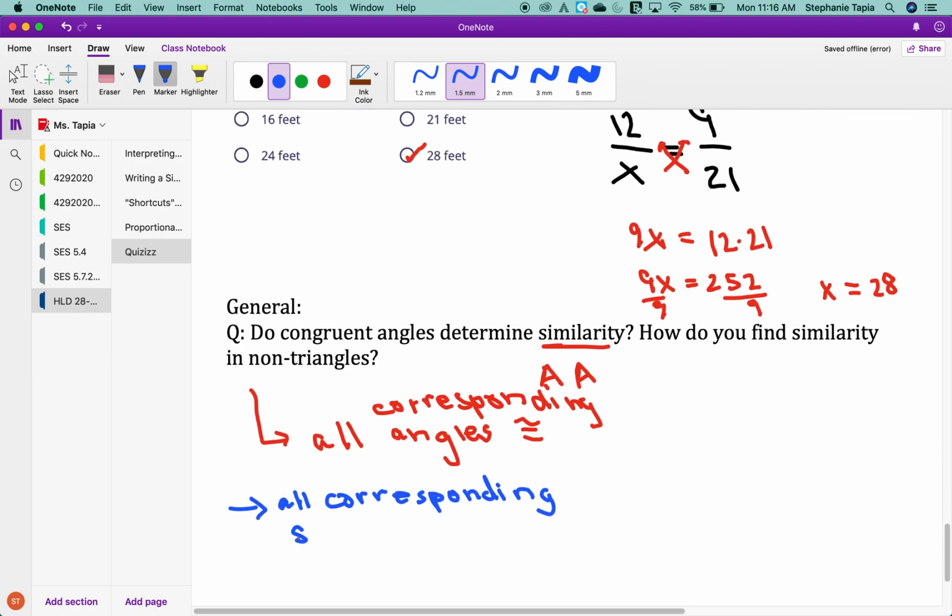So the difference is that when you're working with triangles, you just have those three shortcuts. But when you're not working with triangles, then you have to prove that all the corresponding angles are congruent and all the corresponding sides are proportional.